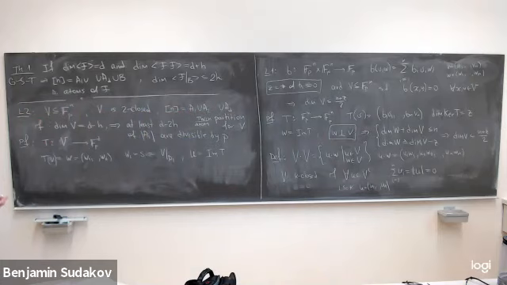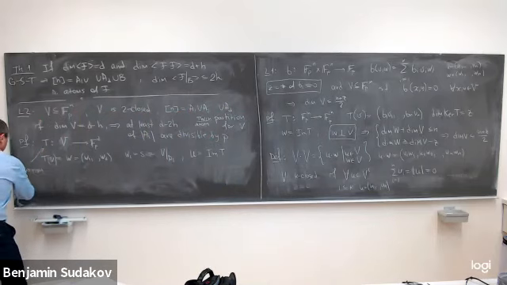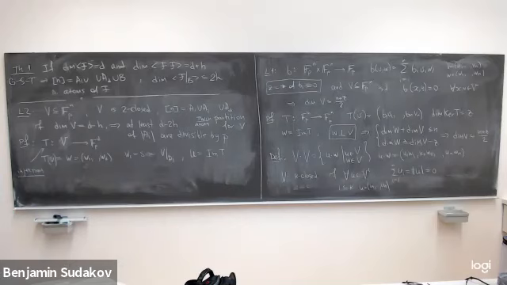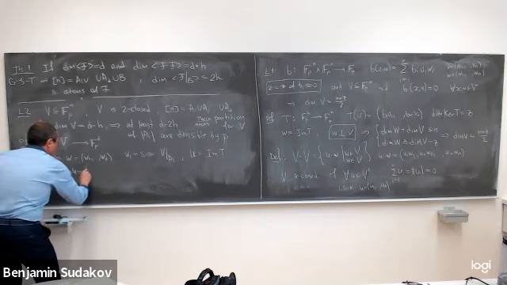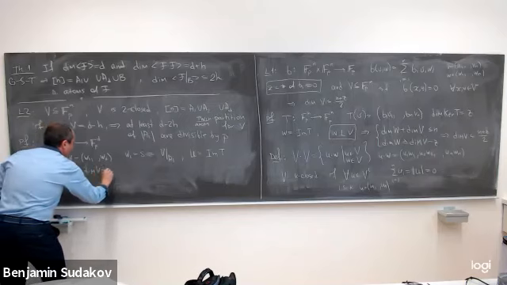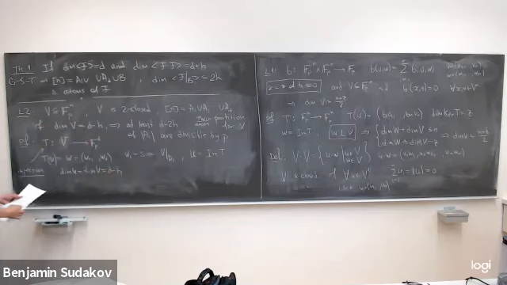Now note that T is an injection, so no nontrivial vector goes to 0. So in particular, the dimension of U equals the dimension of V, which is D minus H. And now observe that I can use lemma 1, because what happens if I take any two vectors from V and multiply them?